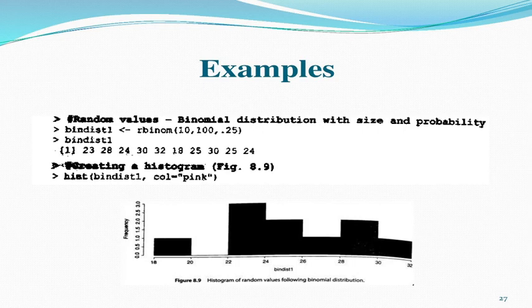In this function, rbinom determines 10 random values following binomial distribution from a sample of 100 with probability of 0.25, and the hist function displays the histogram of random values generated.